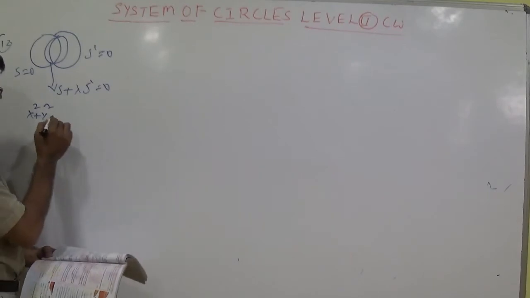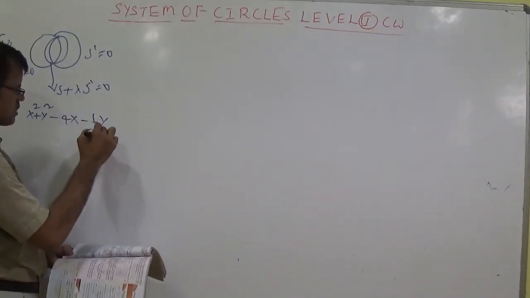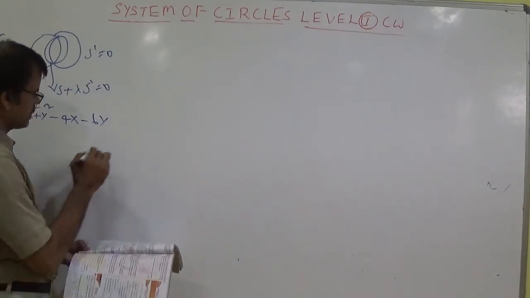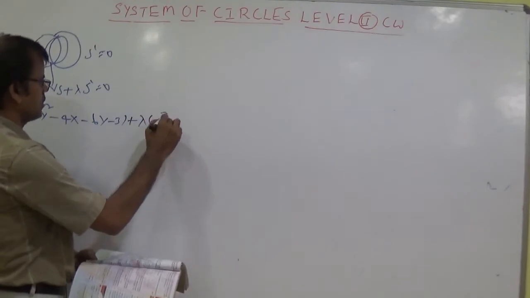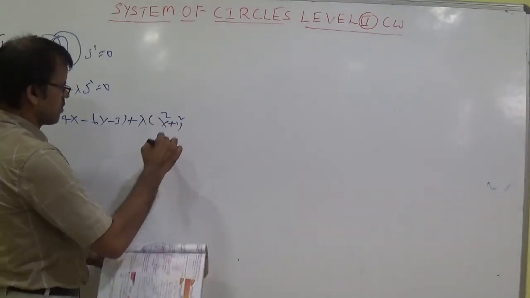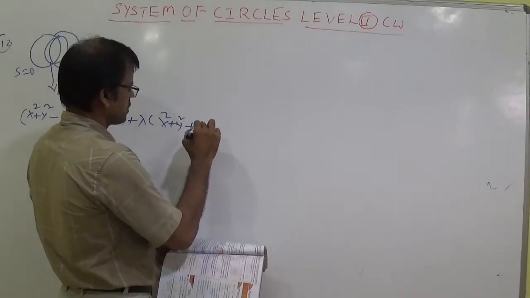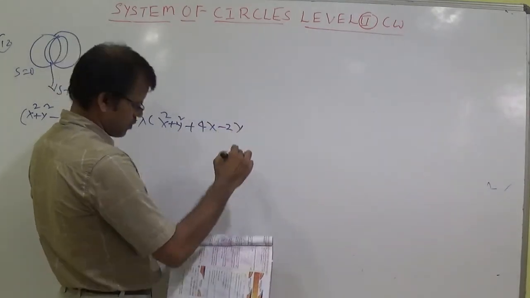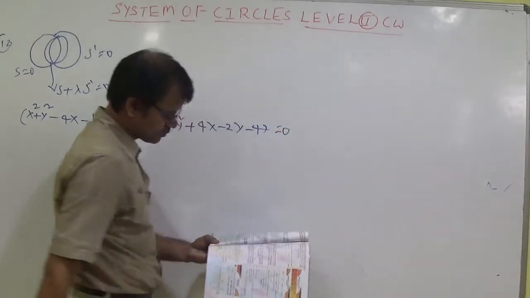Let us write the equation. Without writing also, you can directly say the answer using the shortcut. X square plus y square minus 4x minus 6y minus 3 plus lambda into x square plus y square plus 4x minus 2y minus 4 equal to 0.